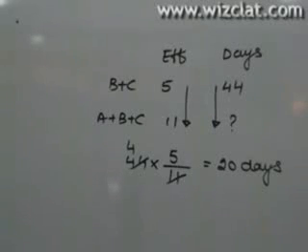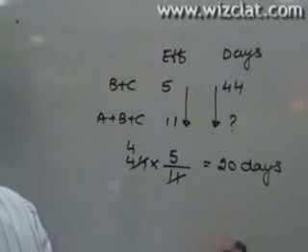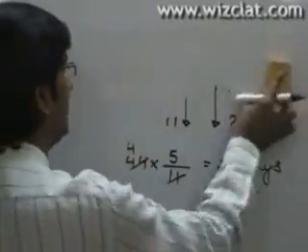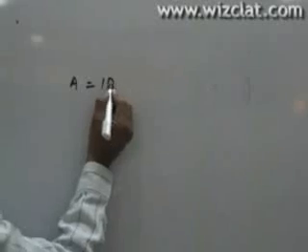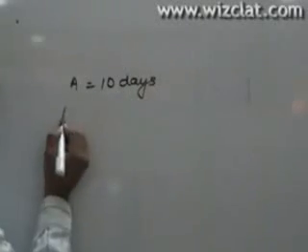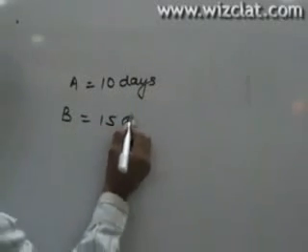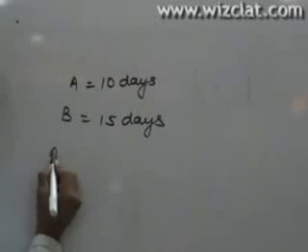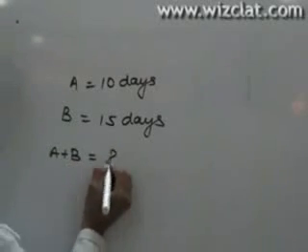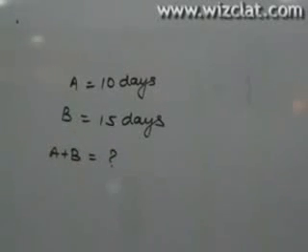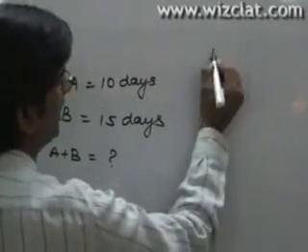So this is just one variation that we can find out applying the concept of efficiency and unity. What if I say the previous question that we took at the beginning, that A does a work in 10 days and B does the same work in 15 days? How long do they take to do the work together? Can we apply the concept of efficiency and unitary method here also? For this, we need to understand the relationship between efficiency and days.